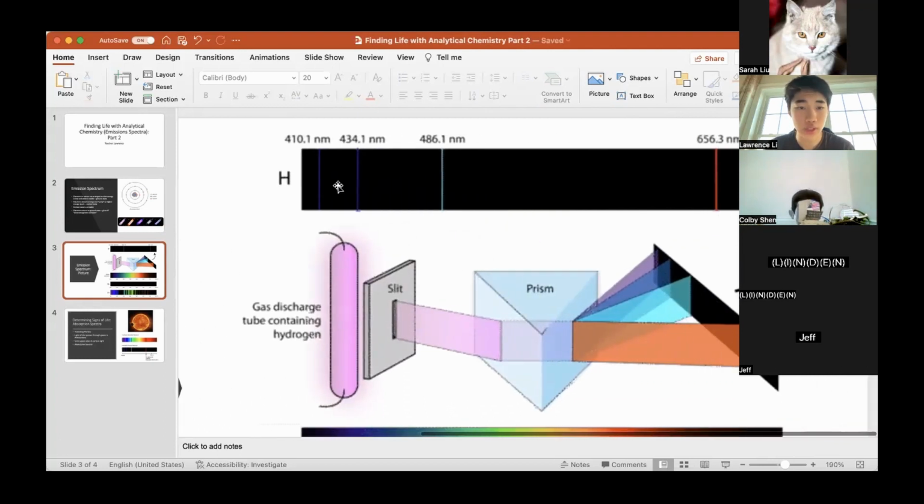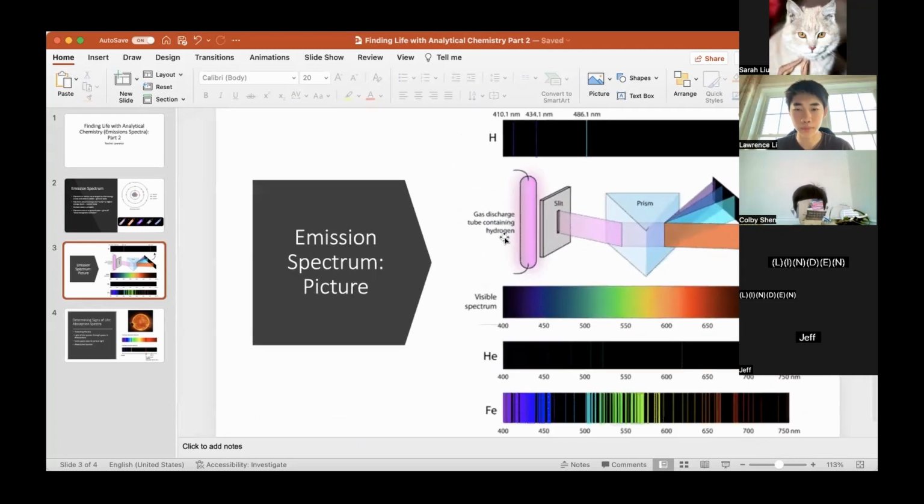If I zoom in close, you see this blue band, this other blue band, this light blue band, and this red band. So how do we go from this giant pink glowing thing to the emission spectrum? This thing is the emission spectrum. And so I was merely saying that I'm going to talk about that now, but I got some questions.